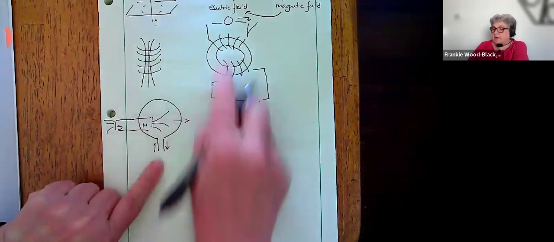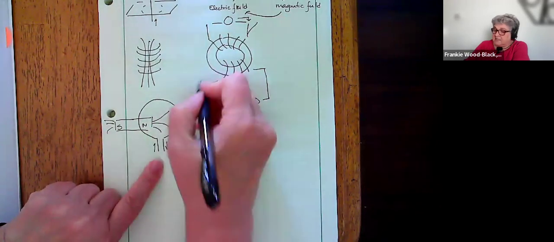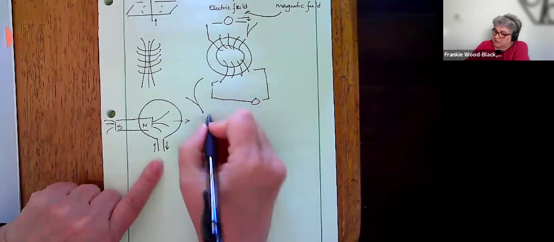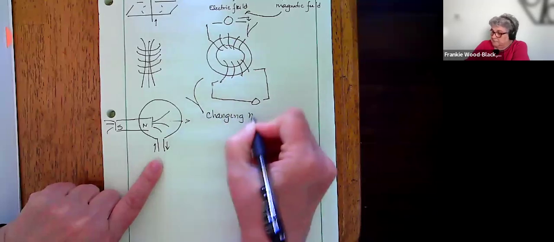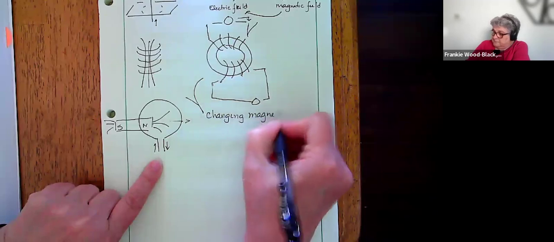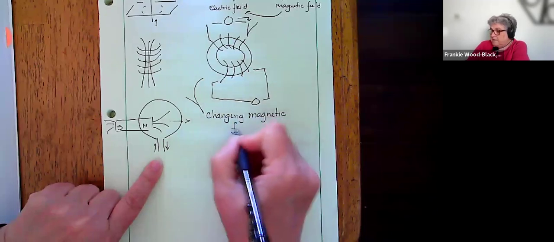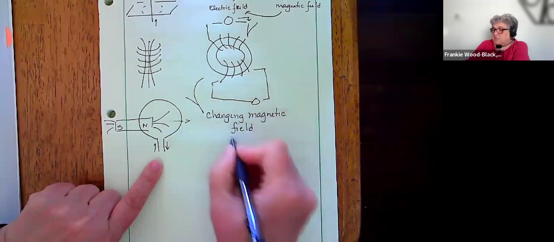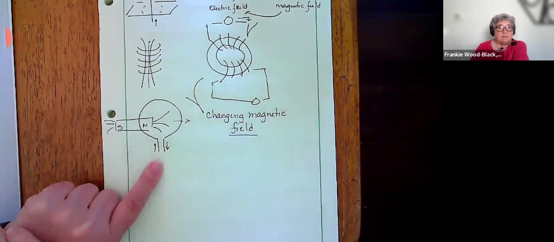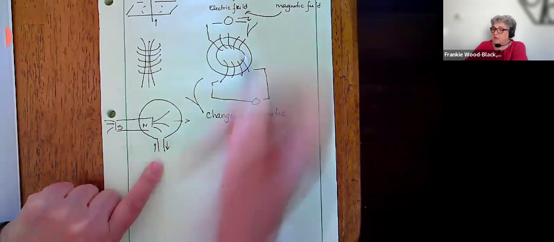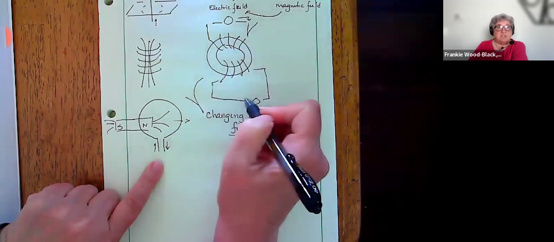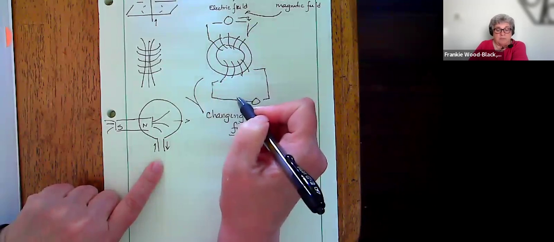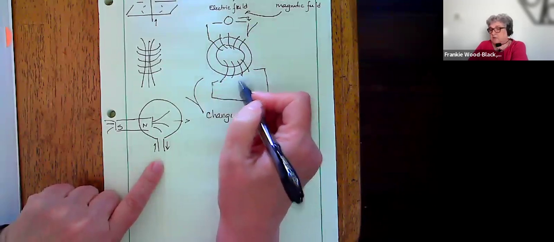Now, the key here is this has to be a changing magnetic field. And that's an interesting observation. It had to be a changing magnetic field because once I had a steady state current in here, this didn't do anything.